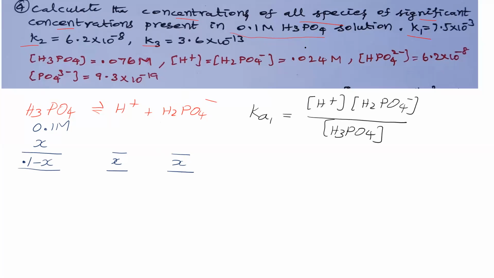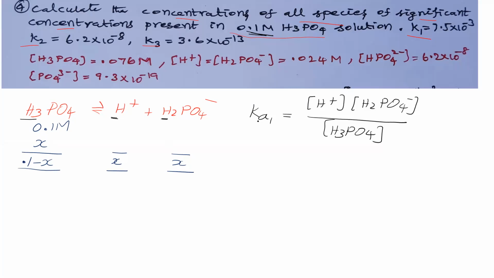Now first we will take the H3PO4 dissociating to give H plus and H2PO4 minus. H3PO4 we have taken 0.1 molar, that is given. Then H3PO4 dissociating x molar, remaining is 0.1 minus x. H plus produced x molar, H2PO4 minus produced x molar.